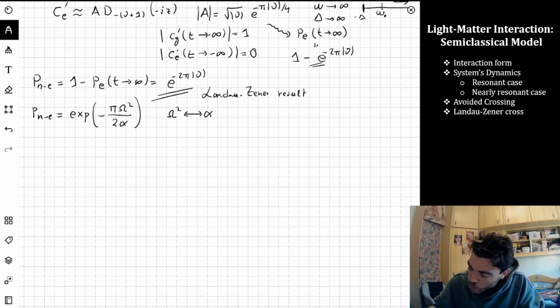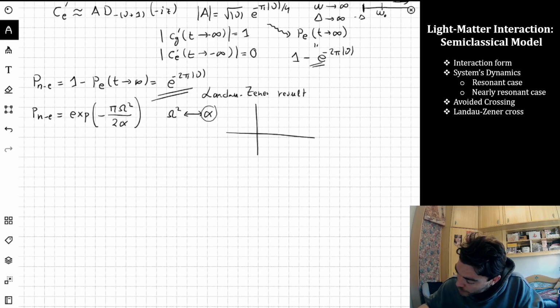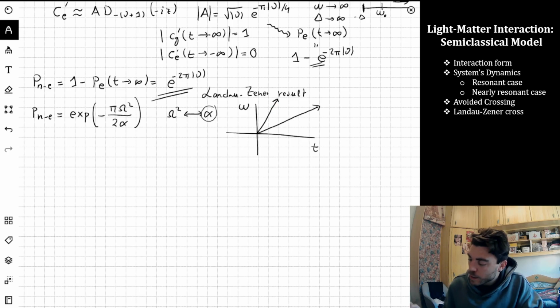Again, alpha is how fast we are linearly changing the frequency. So you can think about it as this is the frequency over time. So we have something like this. The alpha is this slope. So it could be very fast. And if it is very fast, what happens is that this is big, so this starts to be 1, so the probability of not being excited is actually very large.